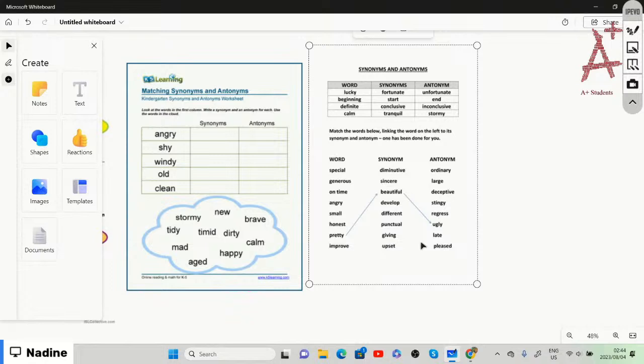Pretty, beautiful, ugly. All right. So now we need to give words that are similar in meaning or the opposites in meaning.